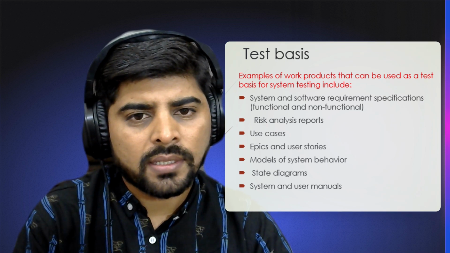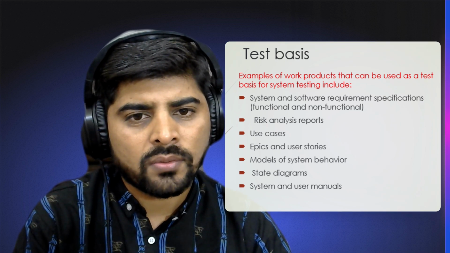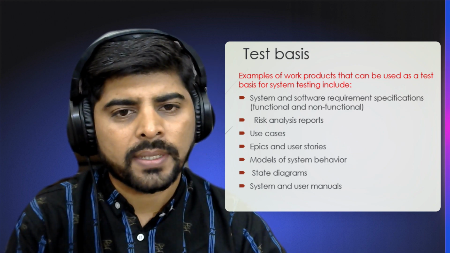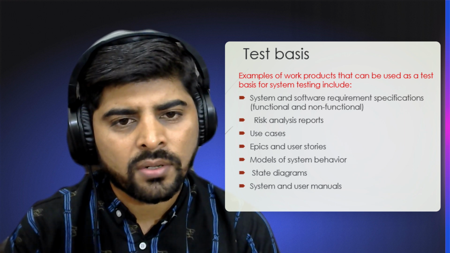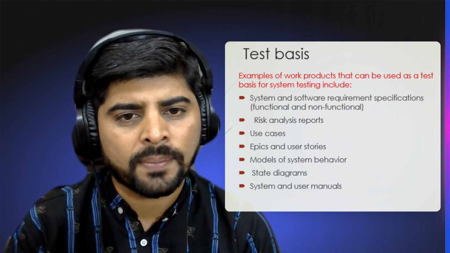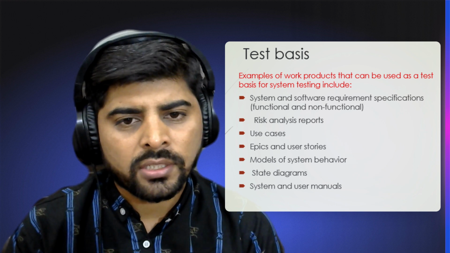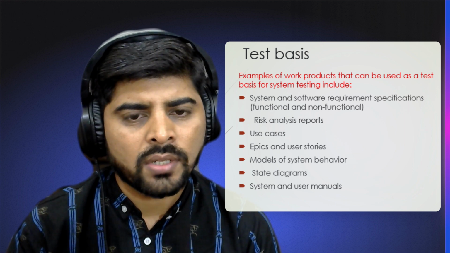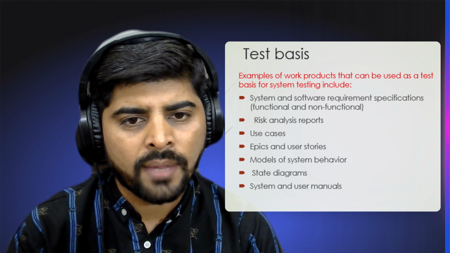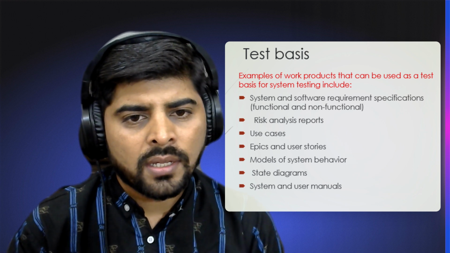So test bases for system testing include system or software requirement specification. We have SRS documents. So in the SRS document we have functional and non-functional requirements. We have risk analysis report, use cases, epics and user stories. If we are following agile scrum, we have epics and user stories.